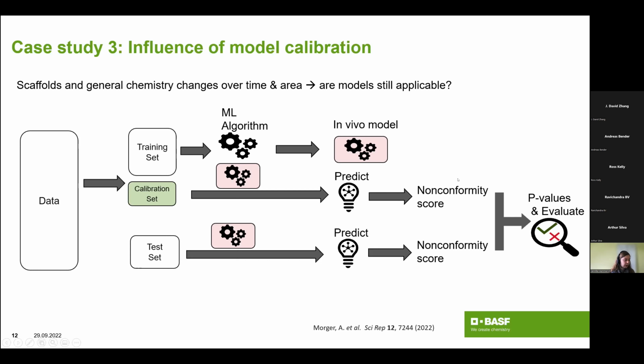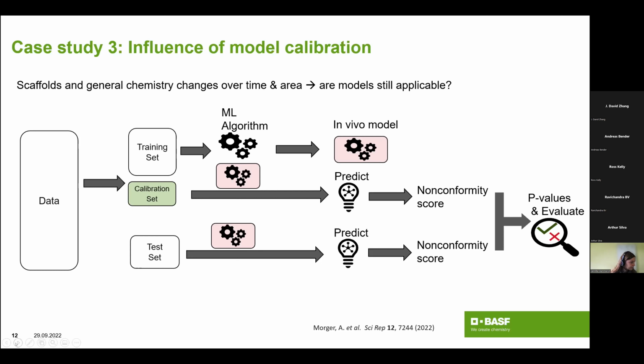And now the interesting thing is that this calibration set can also help us, for example, if we have imbalanced data, to calibrate our model to better predict the imbalanced data sets with regard to the positives or the negatives, depending on which is the minority class.